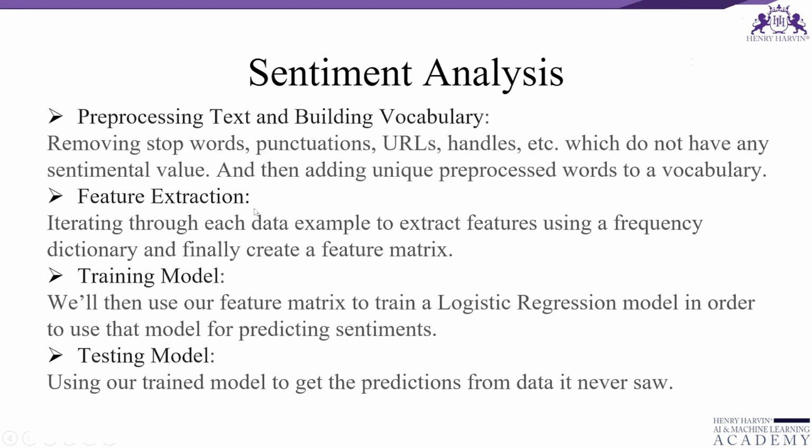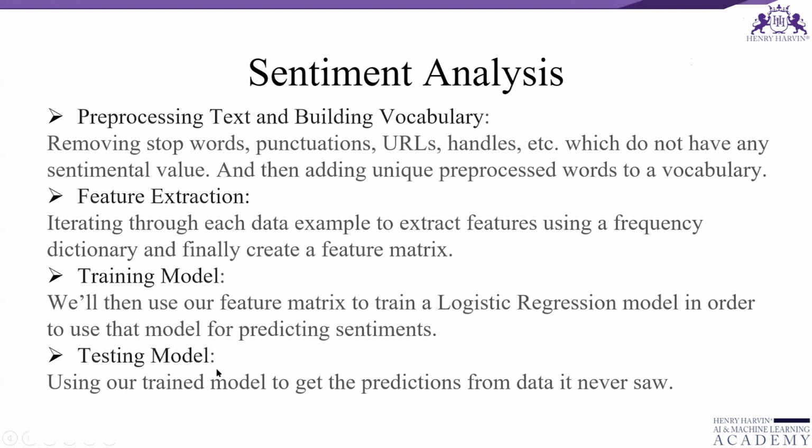The second step is feature extraction. This will iterate through each and every data example to extract the features using a frequency dictionary, and finally create a feature matrix. The third step is training the model. Now we will use the feature matrix to train a logistic regression model or any model in order to use that model for predicting sentiments.